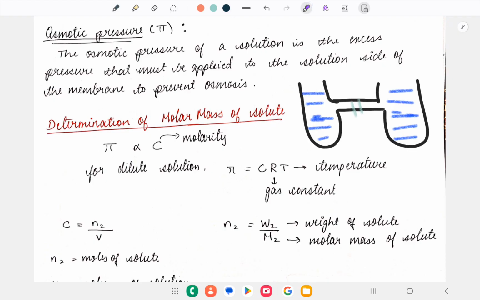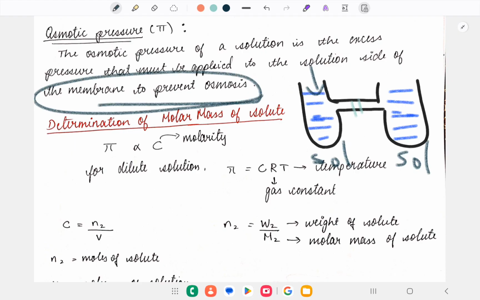So we will assume this kind of a setup, and this is the solution and this is the solvent. According to the osmotic pressure, we will apply an external pressure on the solution side to prevent the osmosis from occurring.